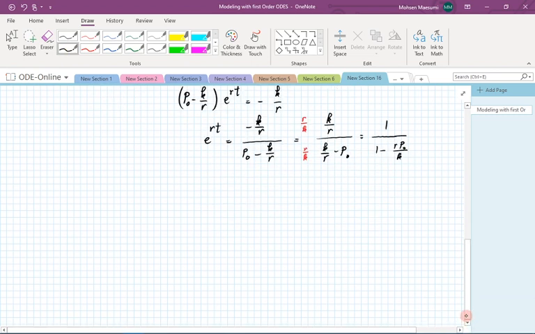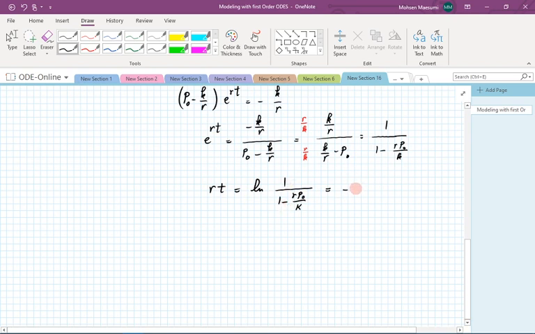So next I take the logarithm from both sides. So RT becomes a logarithm of 1 over 1 minus RP0 over K. You remember from pre-calculus that logarithm of a ratio is logarithm of numerator minus logarithm of denominator, which in this case logarithm of numerator is 0.